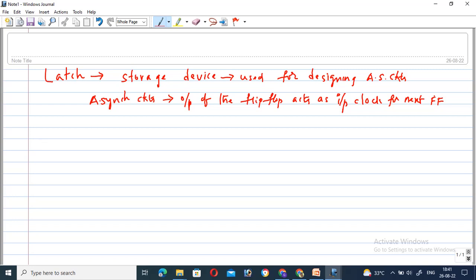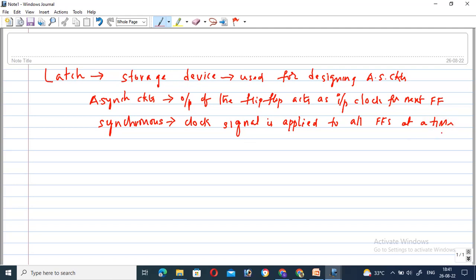synchronous and asynchronous. Synchronous means that the clock signal is applied to all flip-flops at a time. So this is a very important point regarding sequential circuits.